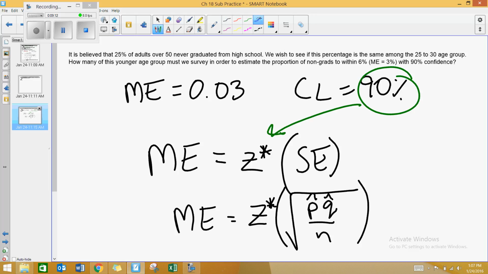All right, and the goal for this problem is to eventually solve for n. How many people do I have to sample in order to meet these specifics for the survey?